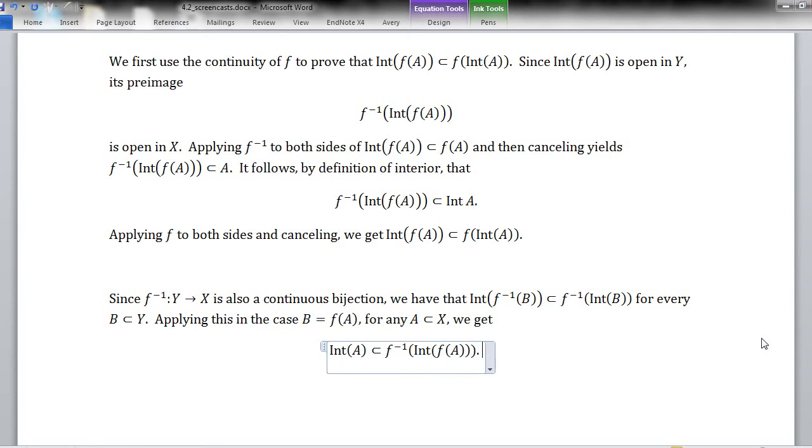We also need to deal with this f inverse, and for that we can just apply f to both sides.